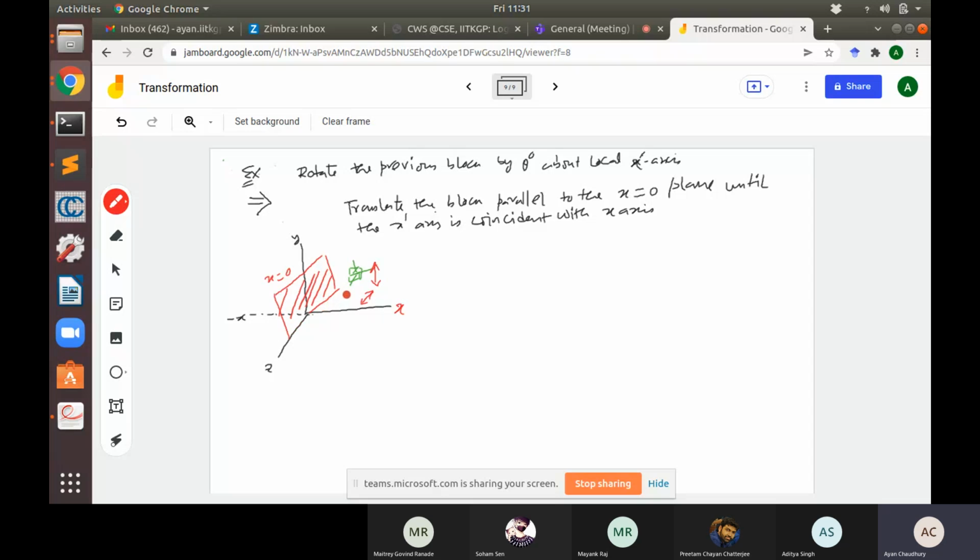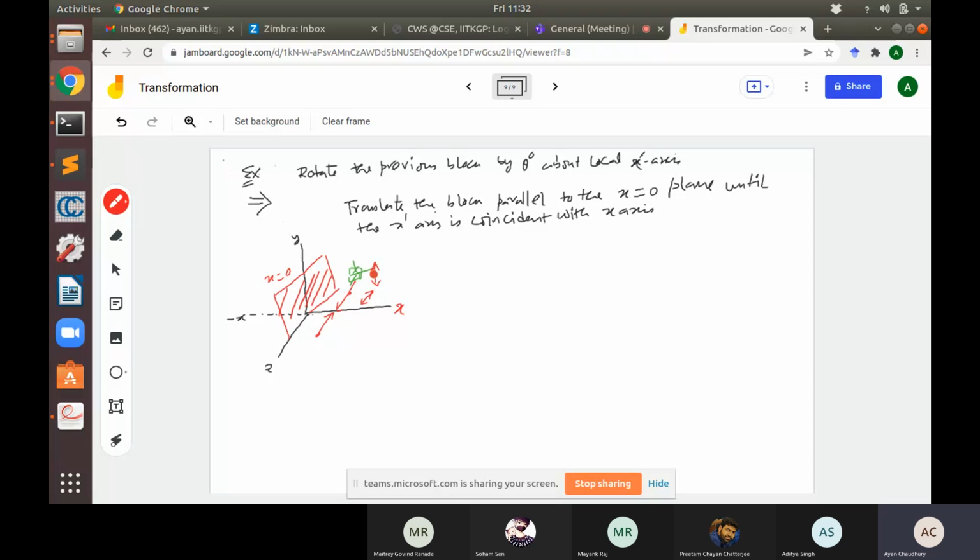So if the object was here, then you move it to here. So there are two movements. One is vertical and one is along this z-axis, like an angular kind of thing if you think of it in 3D. Okay, right? So we have to translate only in these two directions, right?